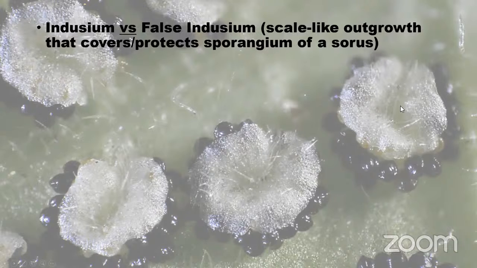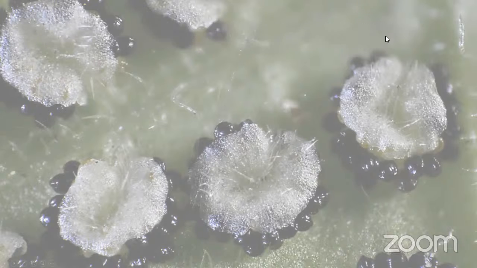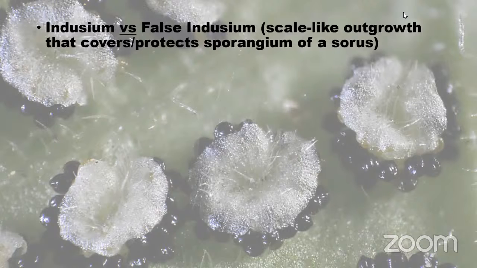The indusium is a scale-like covering that's going to protect the sorus and its sporangia, which are the reproductive structures that make the spores. The indusium here would be this white cap on these sporangia, which together are called a sorus.